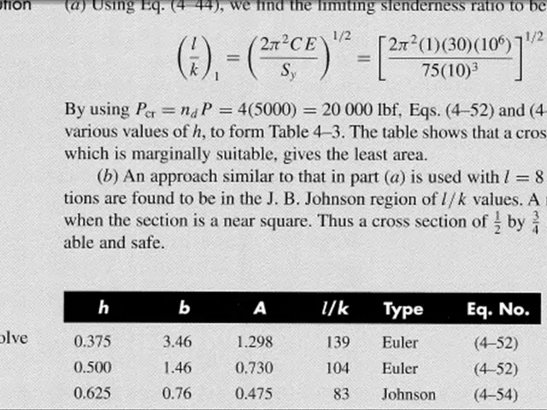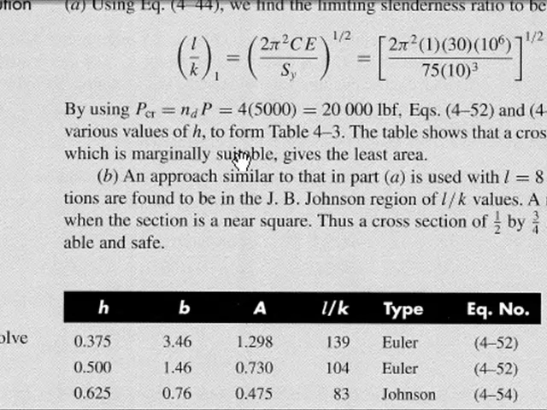Okay, and so first thing we're going to do is guess a value of h of 0.375, and then we're going to use either Euler or Johnson to do design. In this case, we may have guessed Euler and gotten a b of 3.46. And then when we plug in both h and b, we get a slenderness ratio of 139, and that confirms Euler. Then we get an area of 1.298.